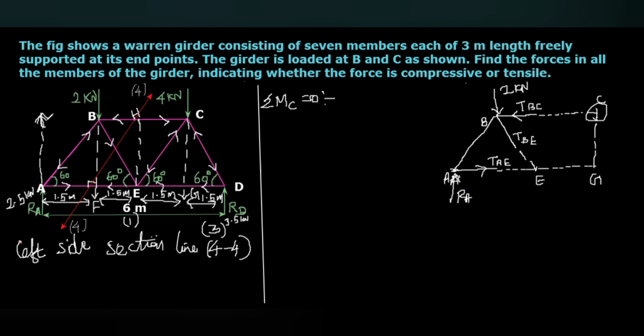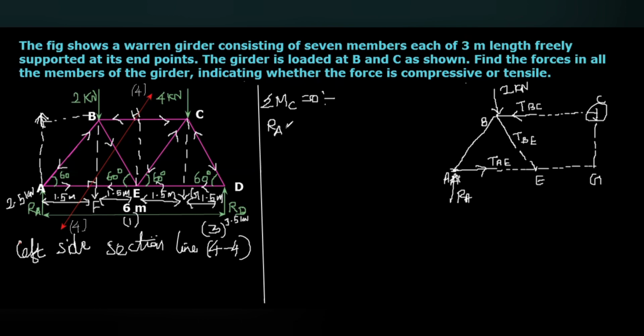This is the distance which is equal to 1.5 meter. So this RA multiplied with this distance, here 1.5, BC 3. That means 1.5, 1.5, 1.5 up to this. That is 4.5.